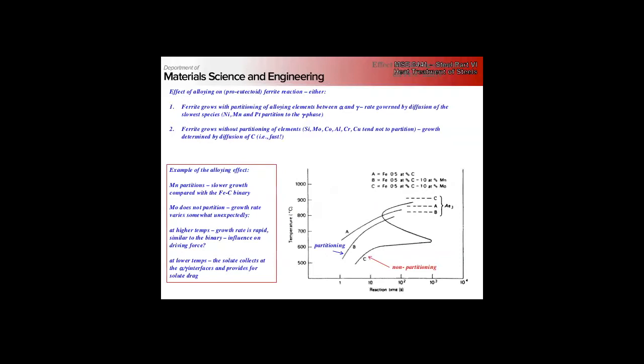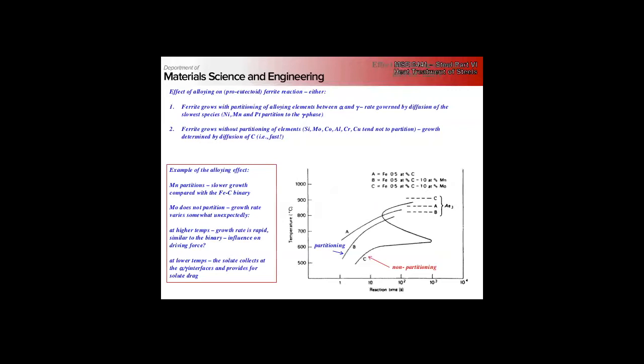Remember, we talked about how carbon diffuses quickly, and other solid solution elements go slowly. So these go too slow to effectively partition when we're cooling down. When we're heating up, we have more energy, so they partition more readily. When we're cooling down and growing ferrite, we're not at true equilibrium.